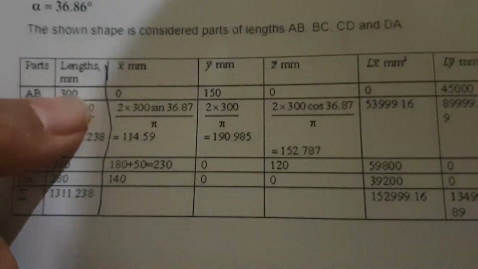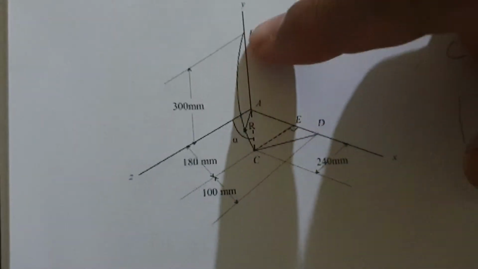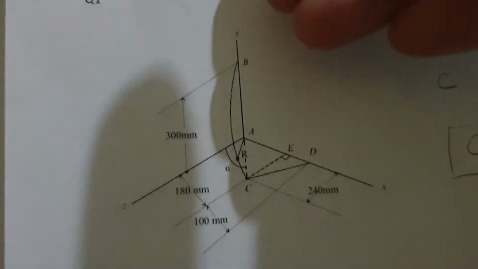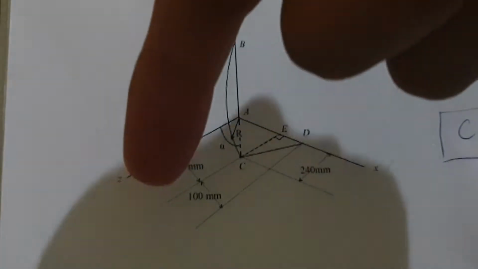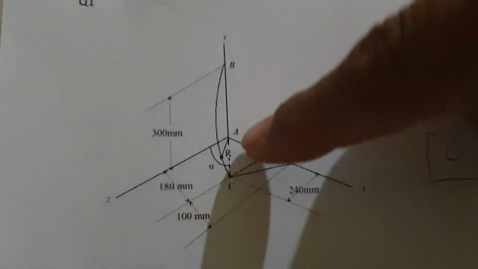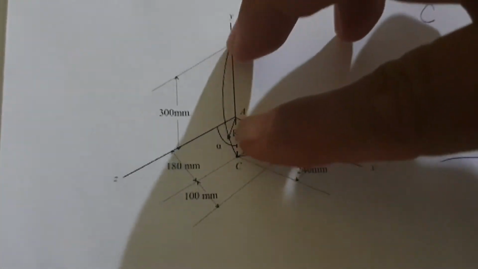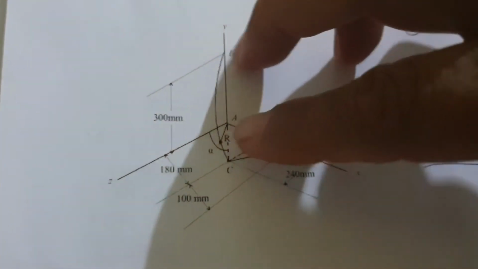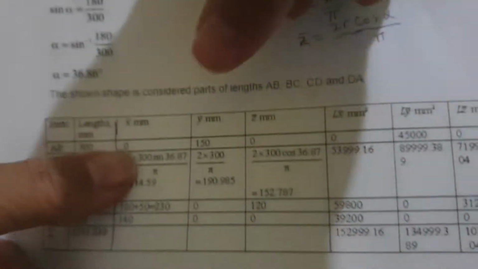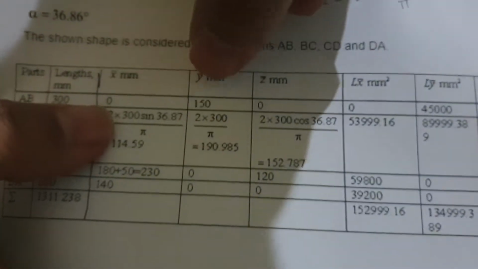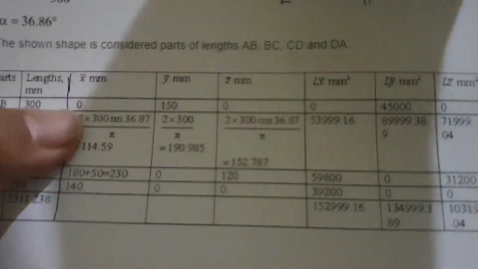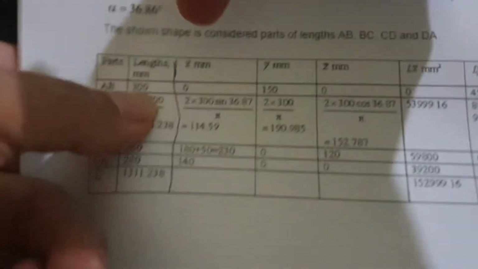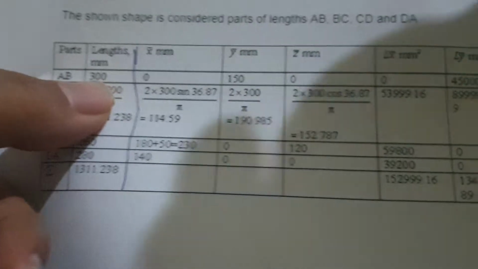What is the X bar? Let's look at AB. It's in the y-axis. There is nothing in the X bar. There is nothing in the Z. It's in the y-axis, so X bar is 0. Z bar is 0. Now Y bar, it is in the center of 300, so it's 150. So you can put it here. X bar is 0. Y bar is 150. Z bar is 0. Now, length times X bar, 0.